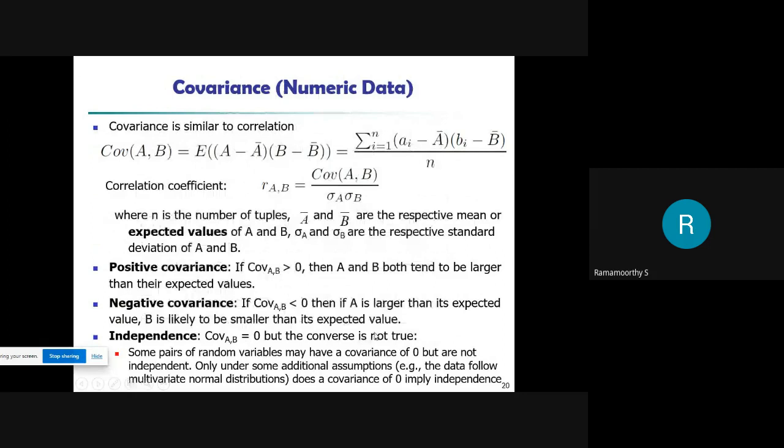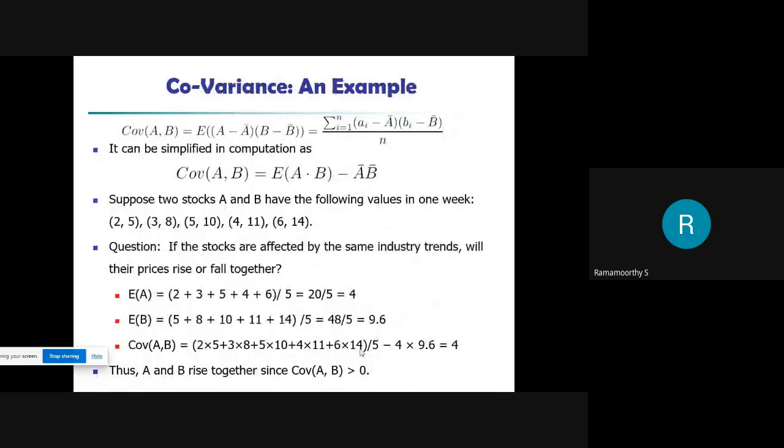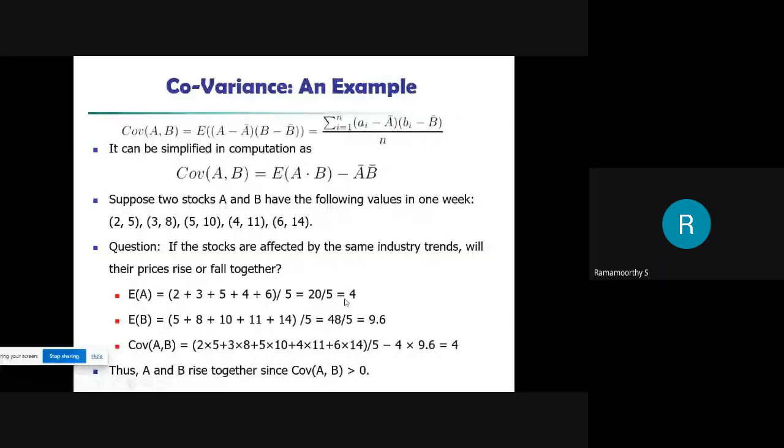So it is expected that the prices of both A and B stock increase together, since covariance of A comma B is greater than 0. What is the result you got? 4. So according to the result, it is a positive covariance, so both A and B stock prices will increase together. That is the conclusion.